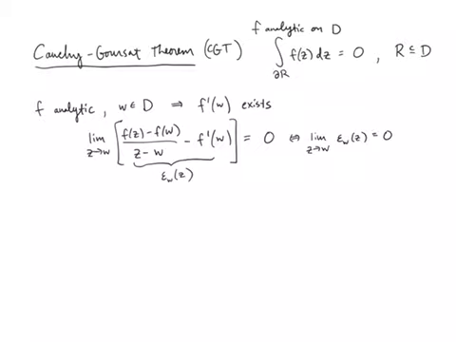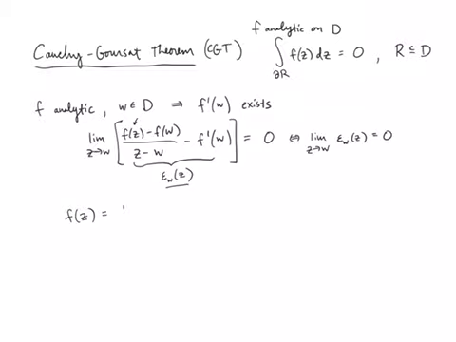Now I'm going to take this equation for epsilon sub w of z and re-express it algebraically in terms of f of z, because this turns out to be an interesting way to think about differentiability.